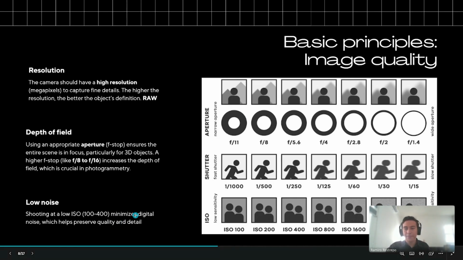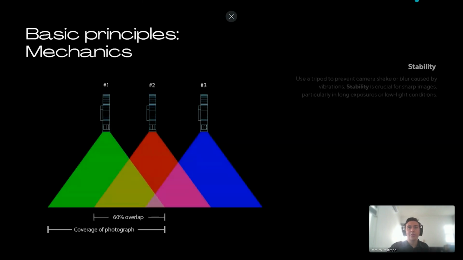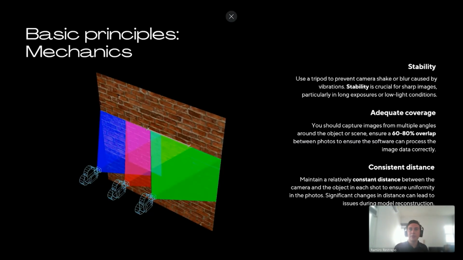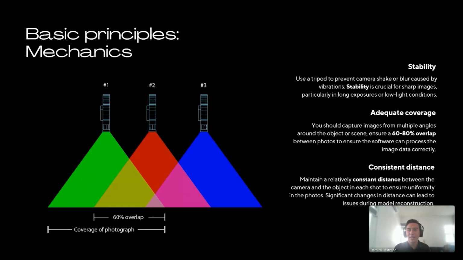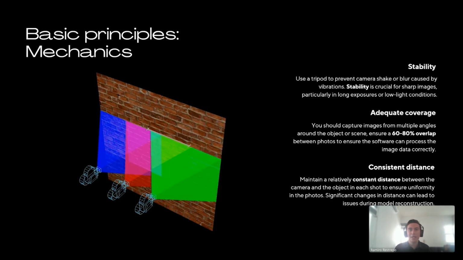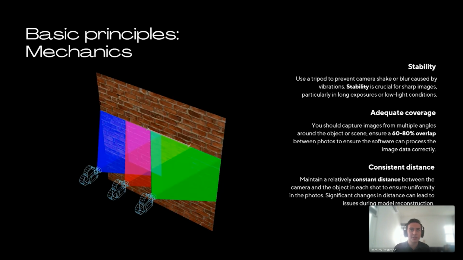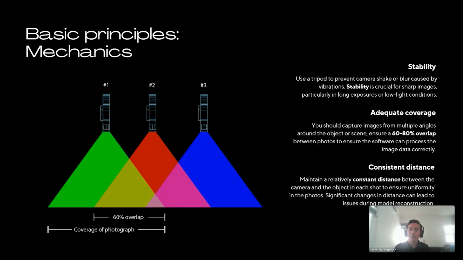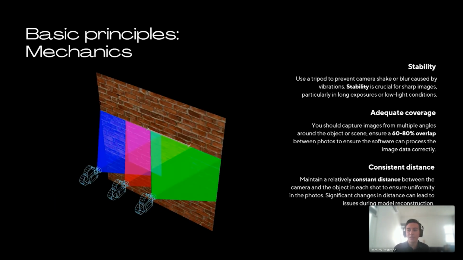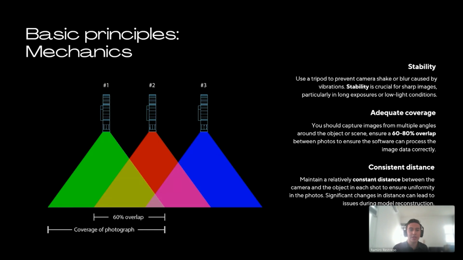Also, regarding the photo capture mechanics, some important aspects are stability. Stability is crucial for getting sharp images, especially during long exposures or low light conditions. You should capture images from multiple angles around the object.